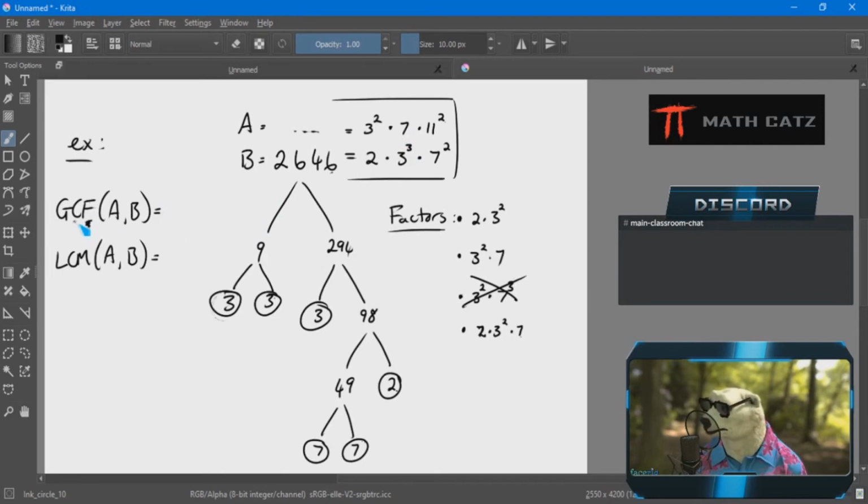It has to fit into both. It has to be common. That means I can't really use a 2 because a 2 will fit potentially, if I don't use many, into B. Well, it's not going to fit into A. So I'm kind of restricted to 3s and 7s, it looks like. Otherwise, it won't fit into both.